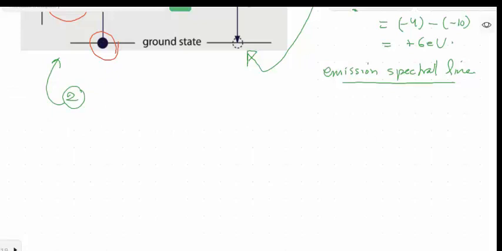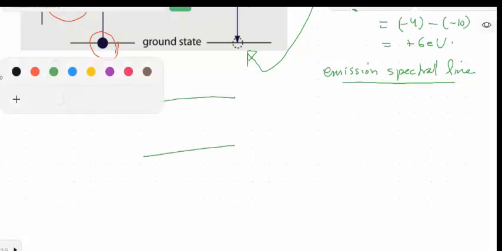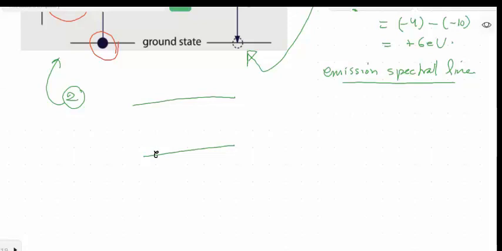Let's imagine that the electron initially is down in a lower state. For example, E initial was -12 electron volt, and E final is -7 electron volt, right? So the electron will move upward. This is an upward transition.